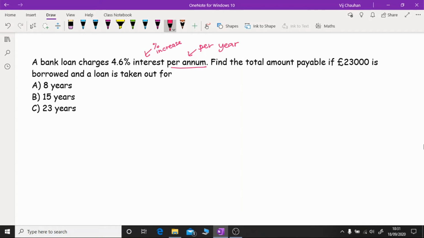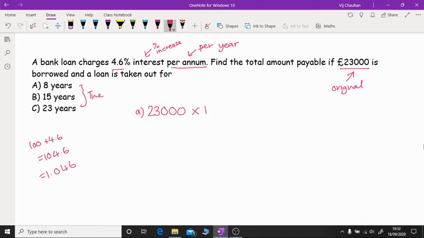So it says the total amount payable is 23,000. So for this, that is going to be our original amount, and these are our time values. So with regards to A, we're writing our original amount, which is 23,000. Now with this looking at percentage increase, again 100 plus 4.6 is 104.6, and that as a decimal is 1.046.